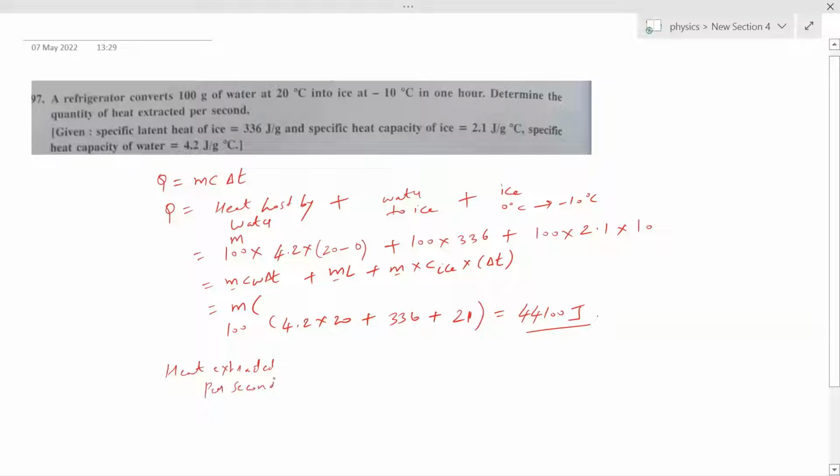The 44100 joules divided by 60 into 60, because 60 is one hour, so one hour will have 60 minutes.